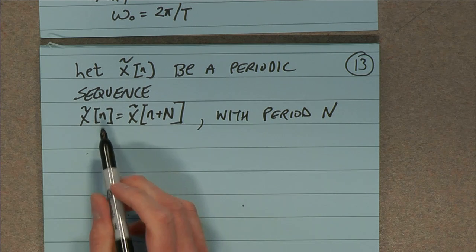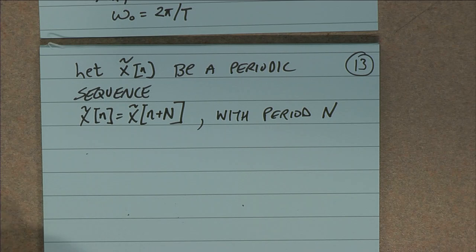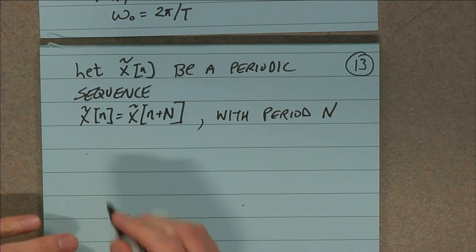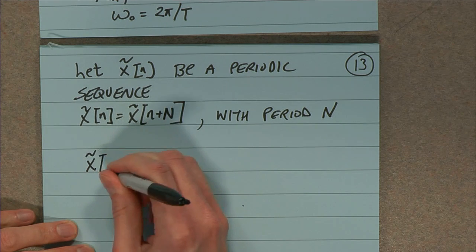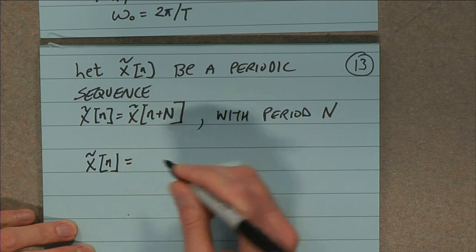Now we're going to say, well, we can probably represent this thing also as a sum of harmonics. What's good for the goose is good for the gander, right?